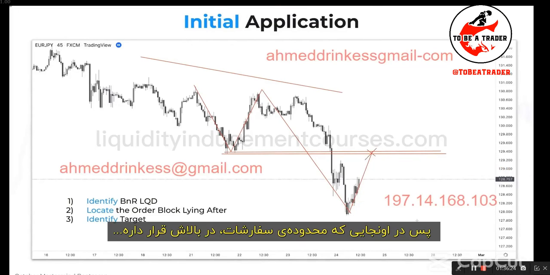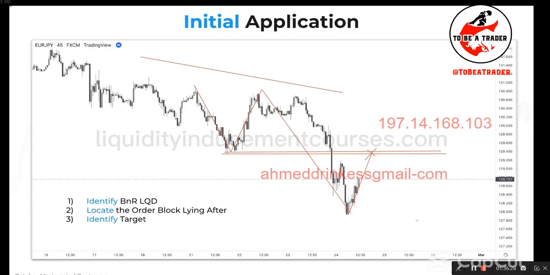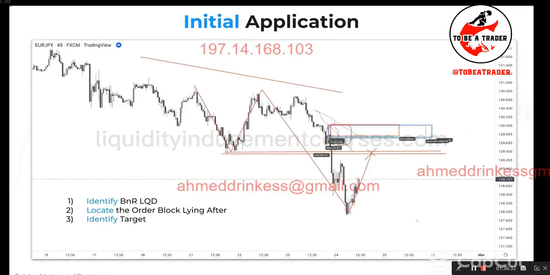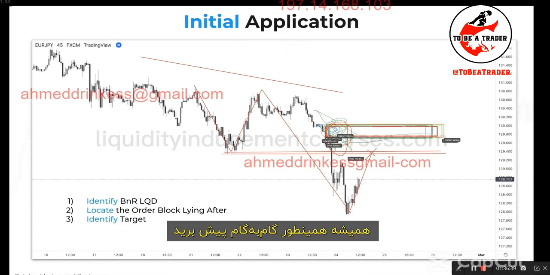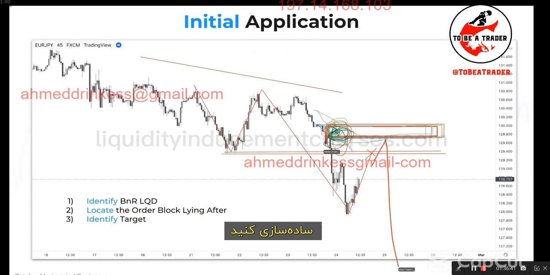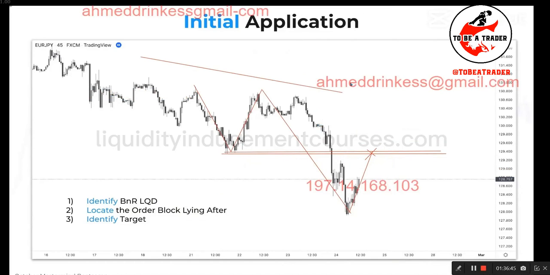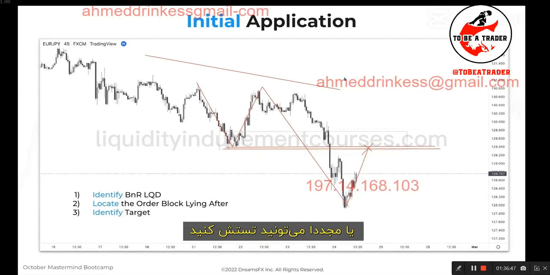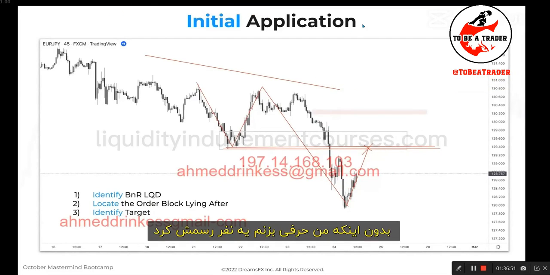Where then is the order block lying above that we do want to take a sell at? Boom, right? Awesome. Everyone identified it. Great. Always having that step-by-step process, making it simple, right? So now that you guys have all identified it, well, actually, someone drew it and I didn't want to say nothing.